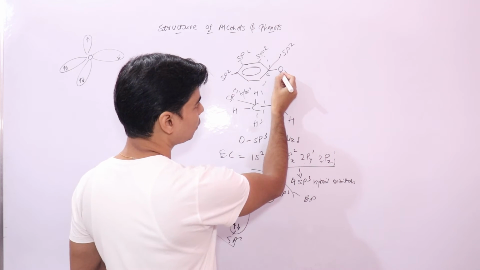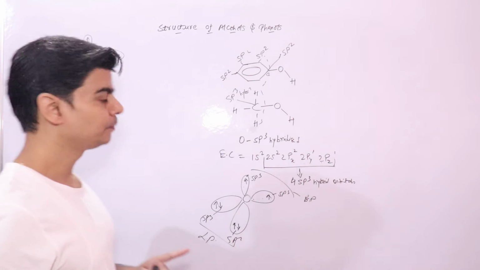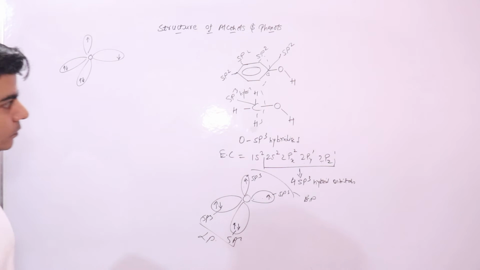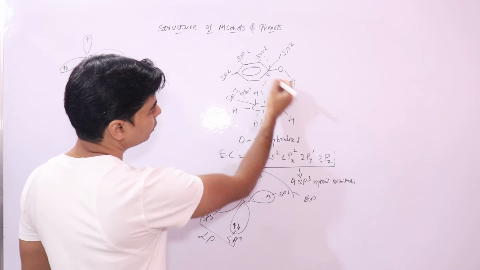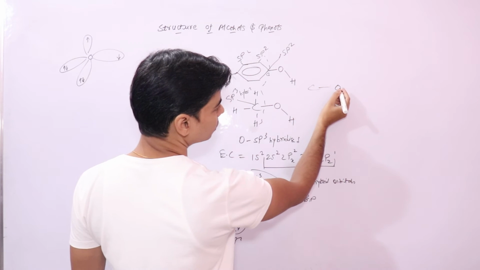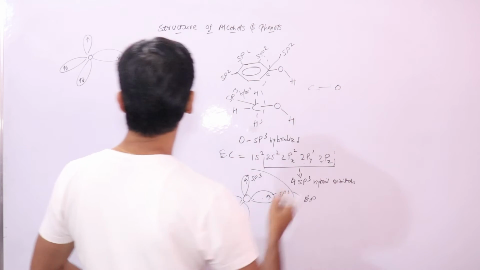Now, since we said that oxygen is sp3 hybridized, it has two orbitals that will take part in bond formation. So when this CO bond forms, we know that oxygen is sp3 hybridized.